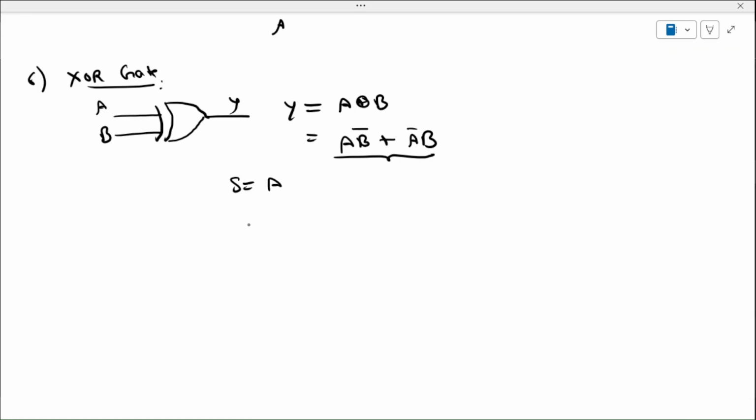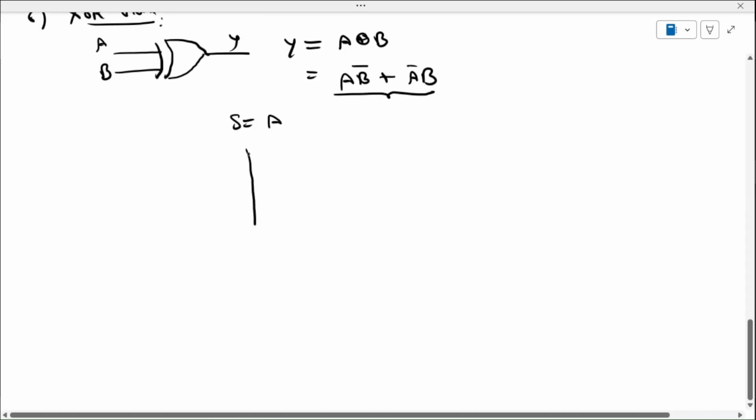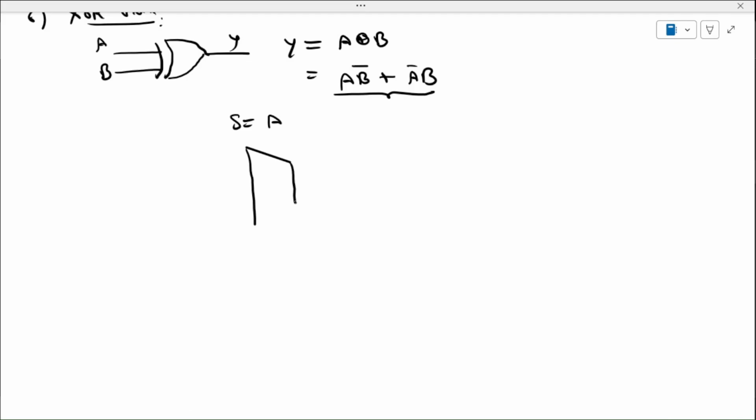So A will be my select line for this 2 cross 1 mux. Select line will be A. This is my I0, I1, Y.